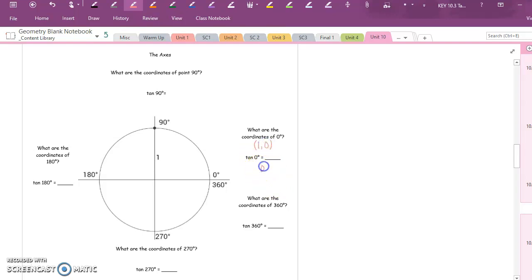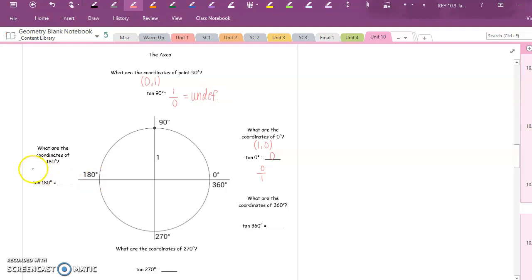Tangent, we take sine over cosine. 0 divided by 1 equals 0. Let's take a look at the coordinates of 90 degrees, this point right here. So we're at 0, 1. Tangent, we take sine over cosine. 1 divided by 0, you can't do it. Therefore, it's undefined.